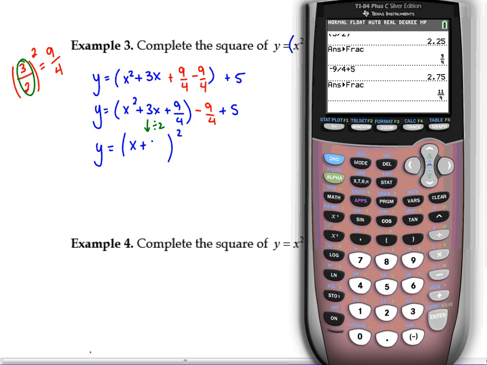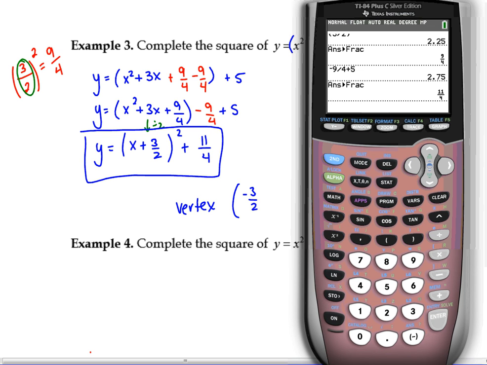So 3 over 2 squared plus 11 over 4. So there's vertex form right there. So vertex would be negative 3 over 2 and positive 11 over 4. So I'd like you to try example 4.